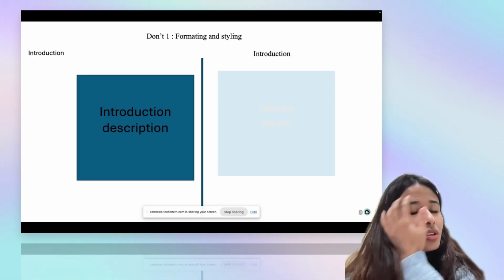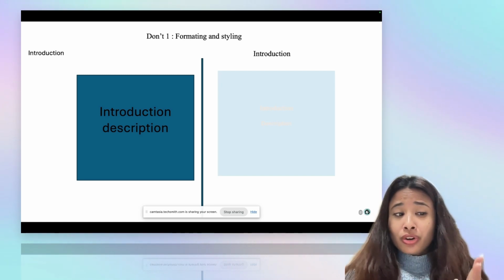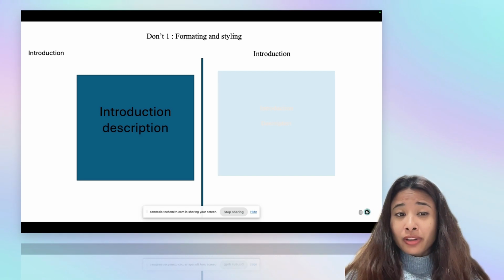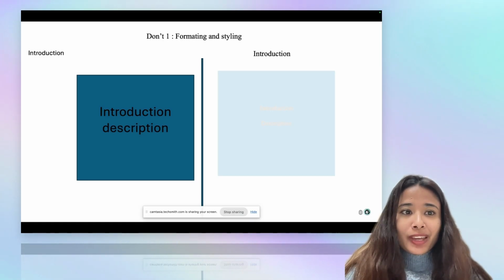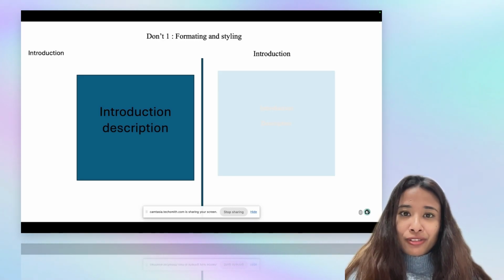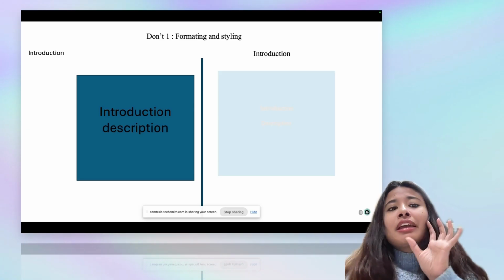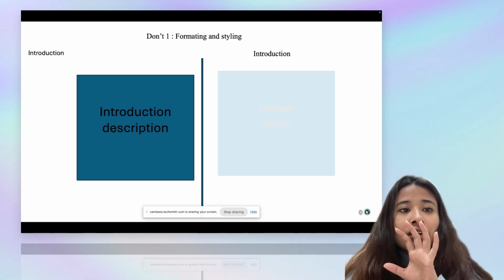When we see the don't, if you can see on the left hand side where the blue is, I don't know if it's left for you, but for me it's left. In the presentation there is an introduction, and the introduction is far off in the corner.